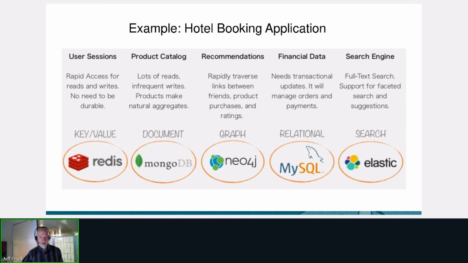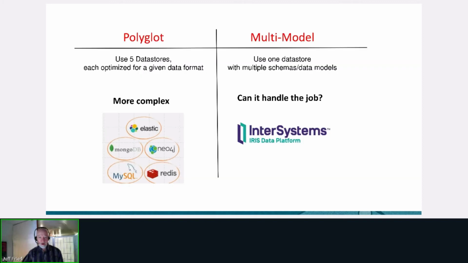A combination of Redis for session data, MongoDB for the documents for a product catalog, recommendations and ratings being held in a graph database. They use Neo4j, financial data, relational stuff in MySQL, and then last but not least, a search capability built in Elasticsearch. So 5 different data models, and therefore a fair amount of complexity.